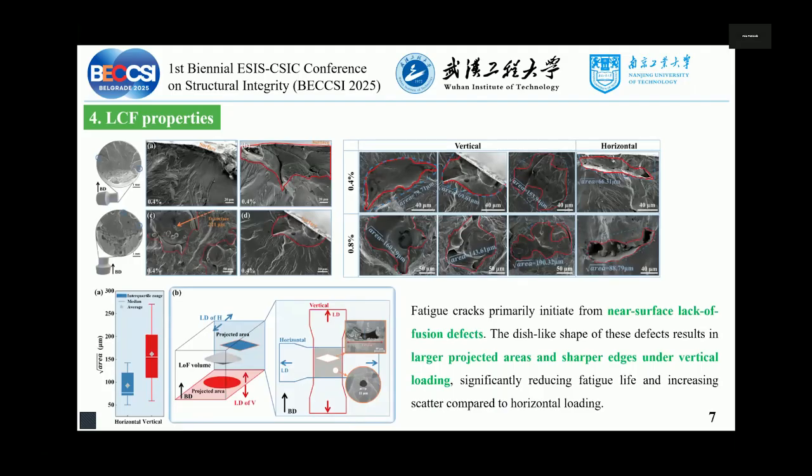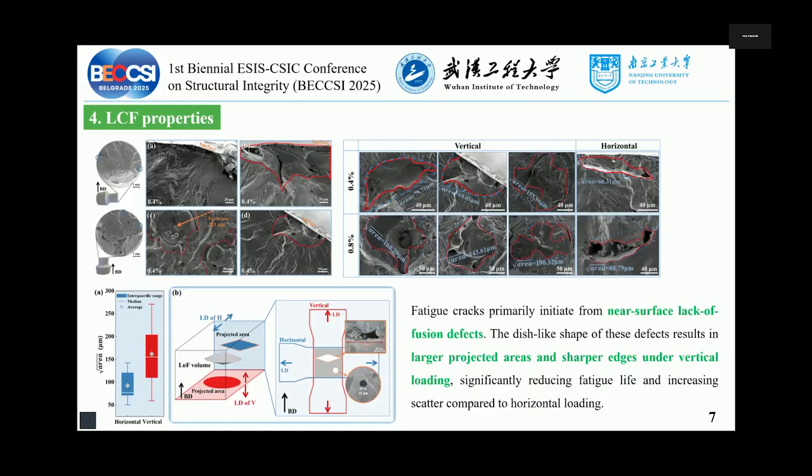And this is the fracture surface. We can see that the vertical specimen has larger internal defects compared with the horizontal specimen. In our discussion, we think the internal defects are the same, but the projected area with different loading direction is different.